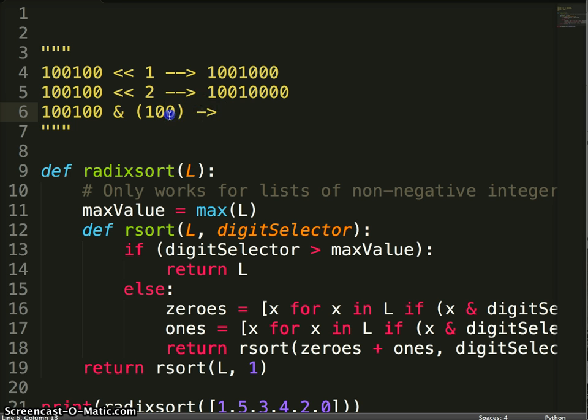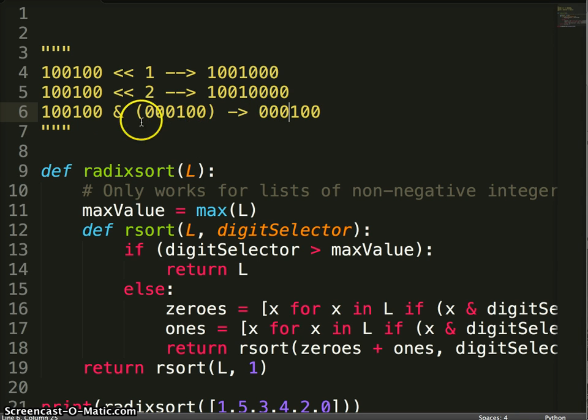So in this case, 0 and 0 is 0. It goes to the second digit place. 0 and 0 is 0. Then it'll go to the first digit place. 1 and 1 is 1. And then if there's nothing left over in the number, it'll be implicit zeros, so then the rest will be zeros.